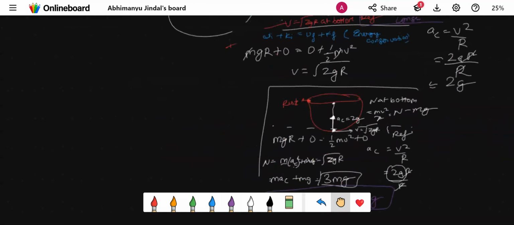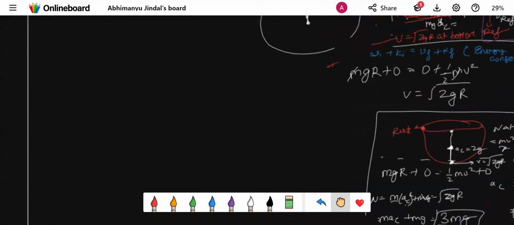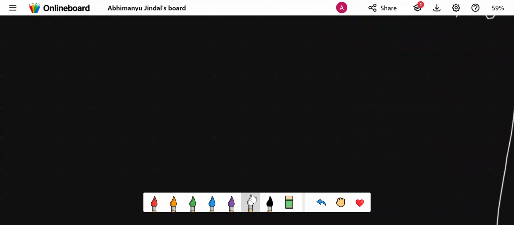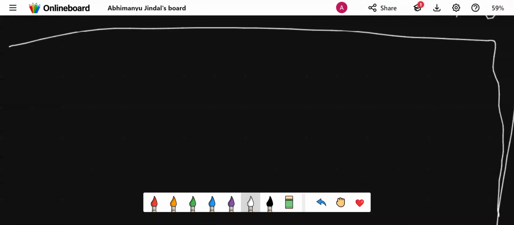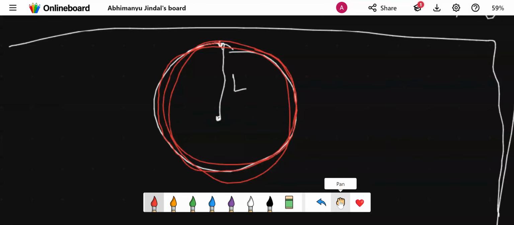Okay, now let's go to vertical circular motion. Now I'm going to completely start vertical circular motion and no more heading here and there. So if this is a circle, and this is length L of the string, the trajectory goes this way, like this.